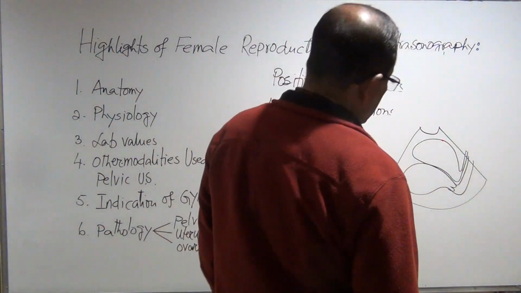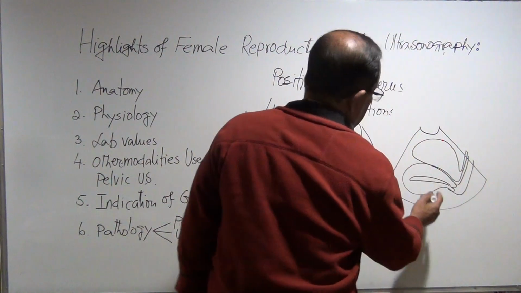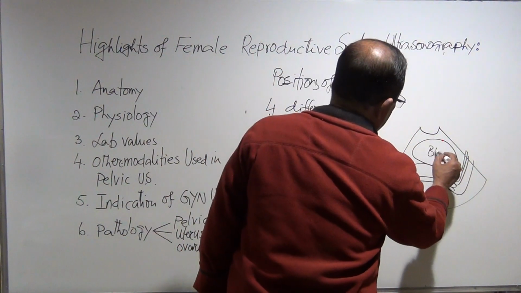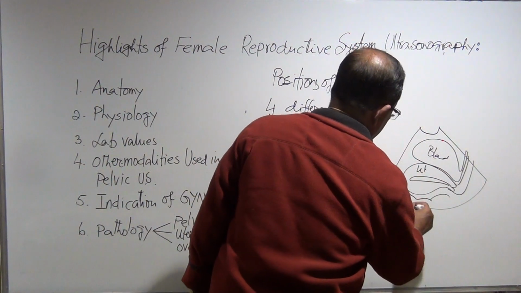Sonographically, you will see the uterus turning, so this is bladder, this is uterus, and this is rectum.